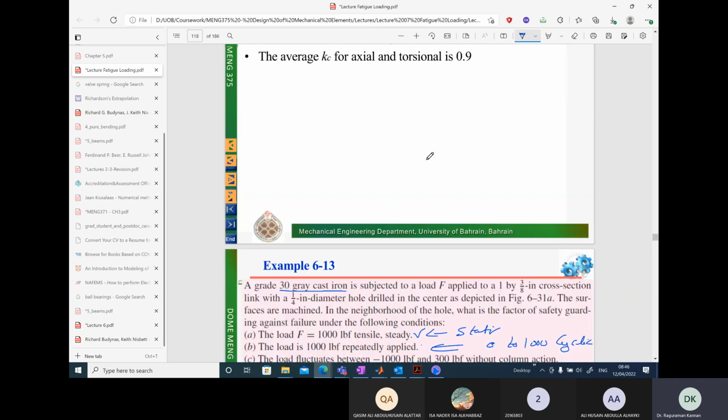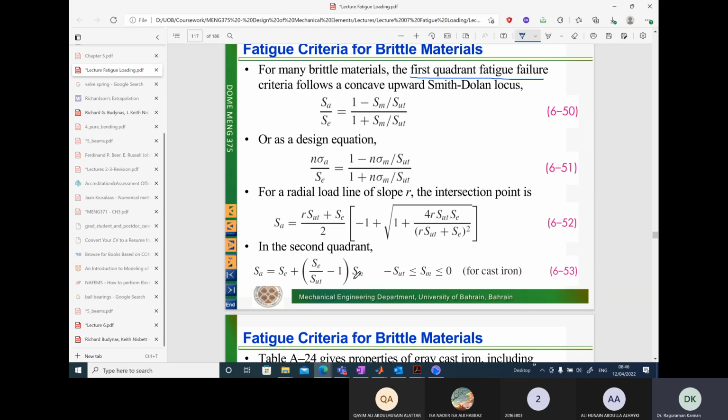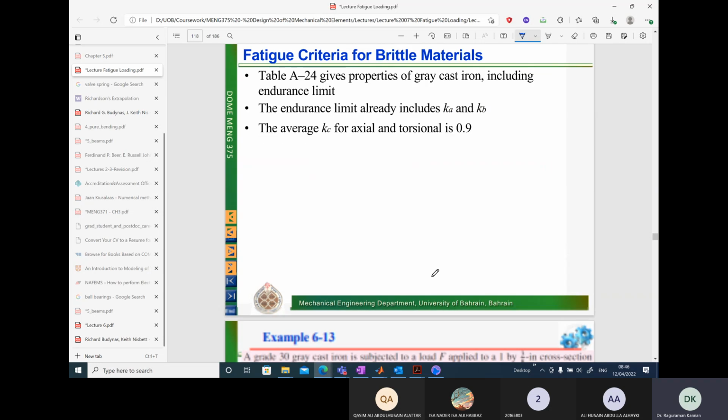We have the SM value. So in the formula, you can see there is the SM value. In the earlier formula, we didn't have the SM value, so we could directly calculate the SA value. Since we have the SM value here, there is a problem. How do we calculate?